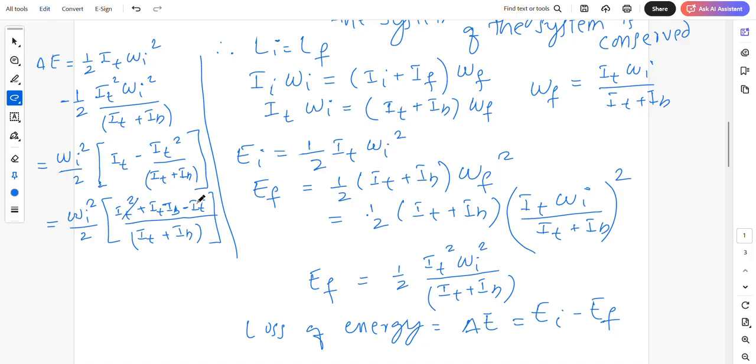Cancel this one. We are going to get 1 by 2 ITIB divided by IT plus IB into omega I square. This is the energy loss.